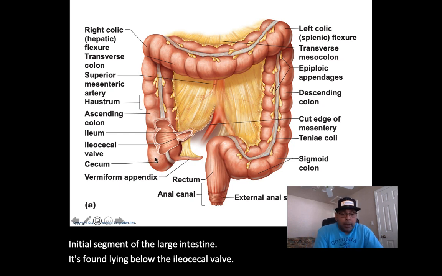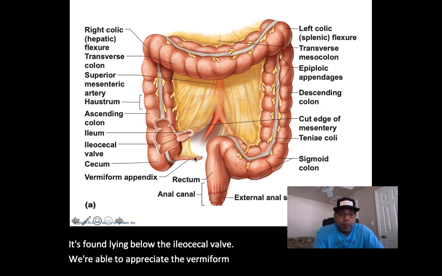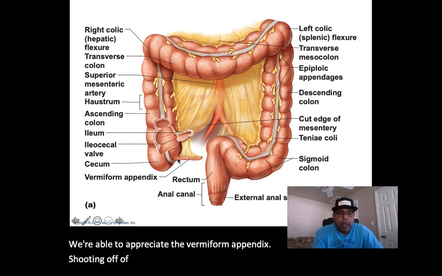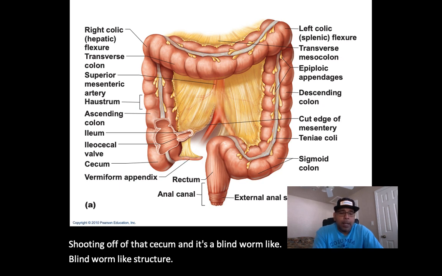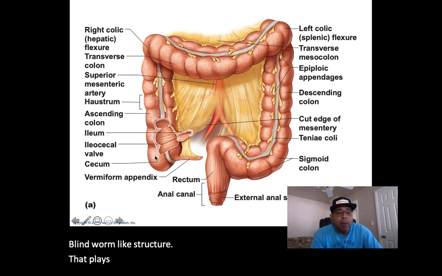We're able to appreciate the vermiform appendix shooting off of that cecum. And it's a blind, worm-like structure that plays a role, we believe, in body immunity.